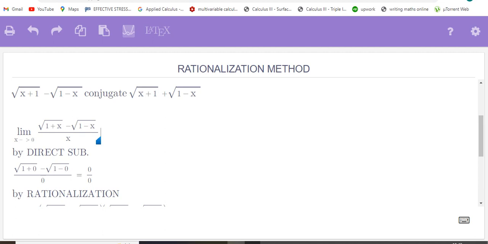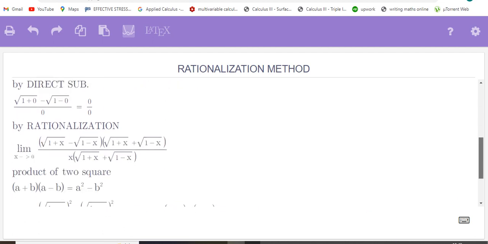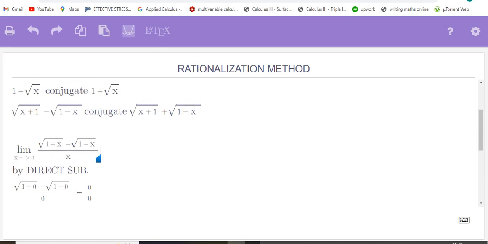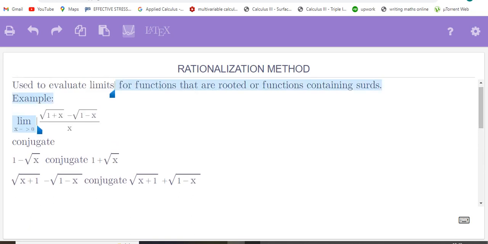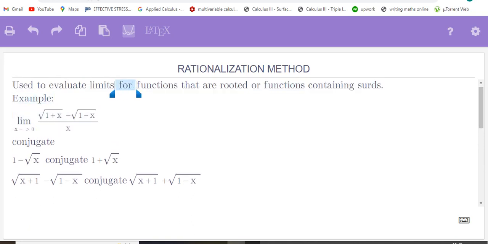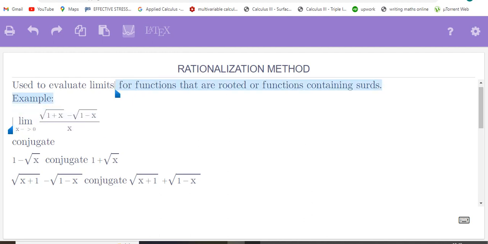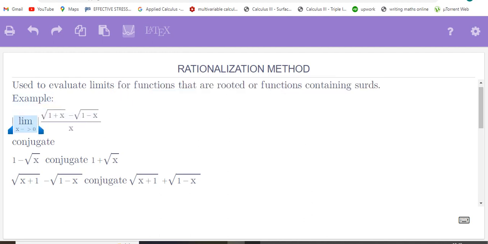This is where rationalization comes in. By rationalization, we multiply the function by the conjugate. This is our function. The conjugate we get from the numerator, because it is only in the numerator that we have a root.